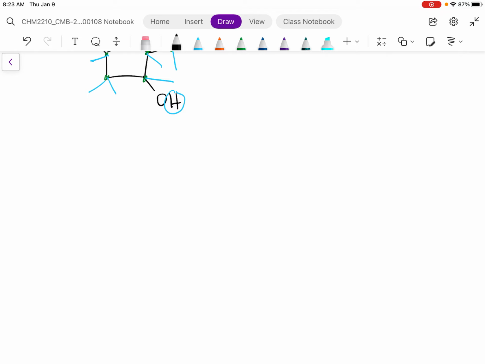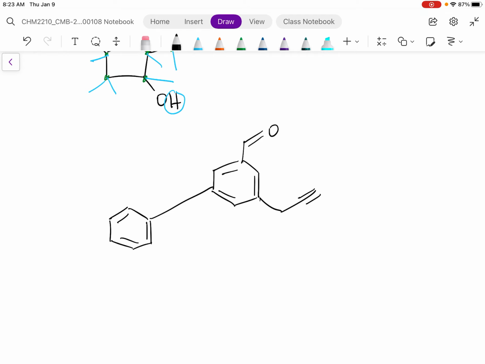How many carbons, how many hydrogens? Okay, let's work with that.